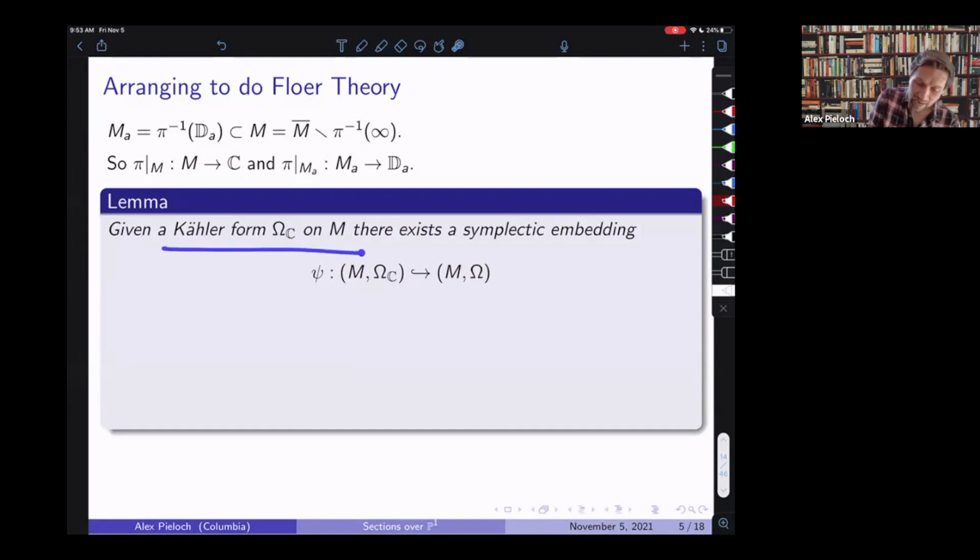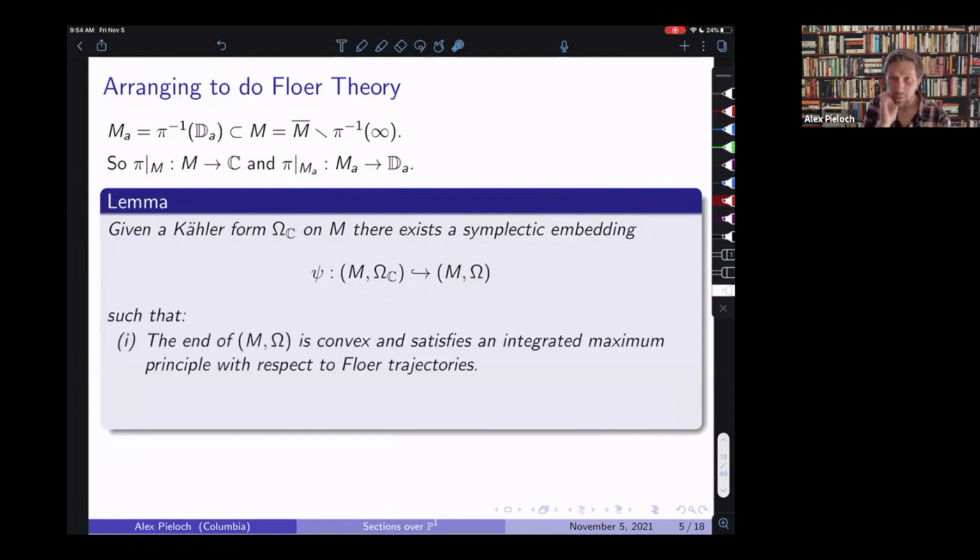So we start with some Kähler form that's compatible with the integrable almost complex structure of interest. And we find some symplectic deformation or embedding of this Kähler symplectic form into some convex symplectic structure on this manifold. Okay, so we find some embedding into some completed or convex symplectic manifold. And to be a little bit more precise, we deform the Kähler form in such a manner that now we have an integrated maximum principle with respect to Floer trajectories.